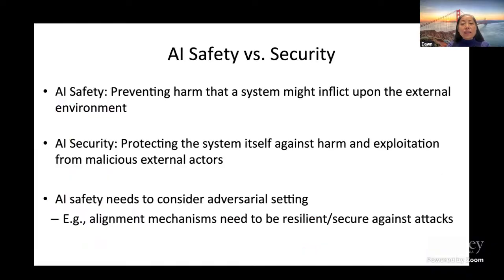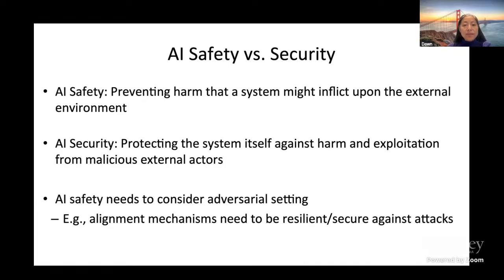So we talked about AI safety and AI security. Here I want to quickly introduce and clarify AI safety versus AI security. The two are interrelated. AI safety is to prevent harm that a system might inflict upon the external environment, whereas AI security is to protect the system itself against harm and exploitation from malicious external actors.